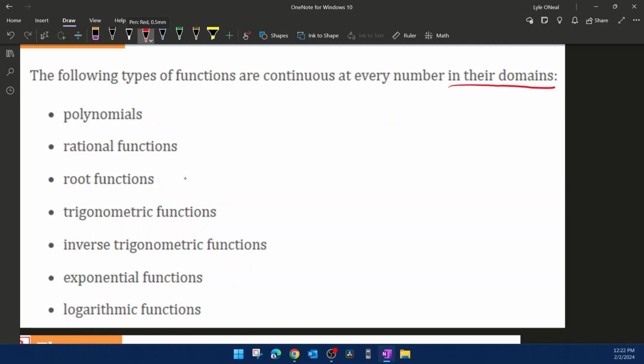A couple of those to point out would be root functions, specifically a square root function, which if you remember the graph of a square root function, makes a swoosh. These functions will have no break in the graph from start to finish, okay? They will be continuous everywhere that the function is defined.